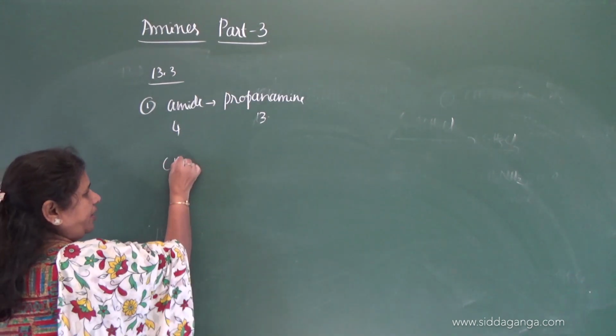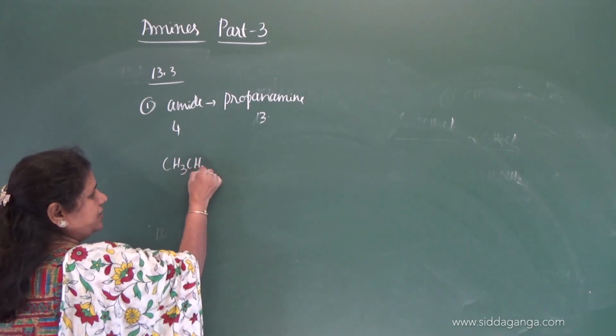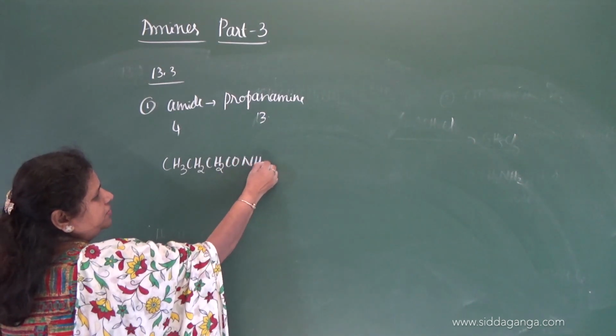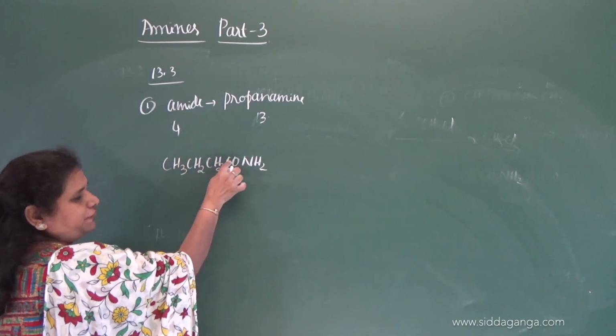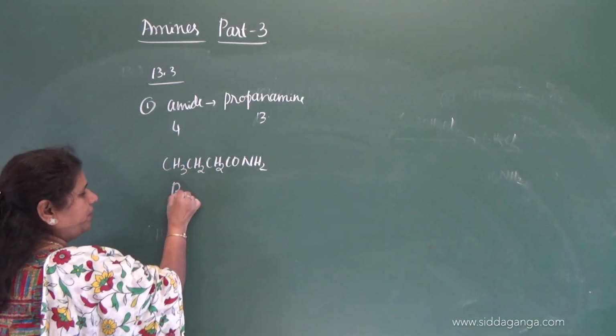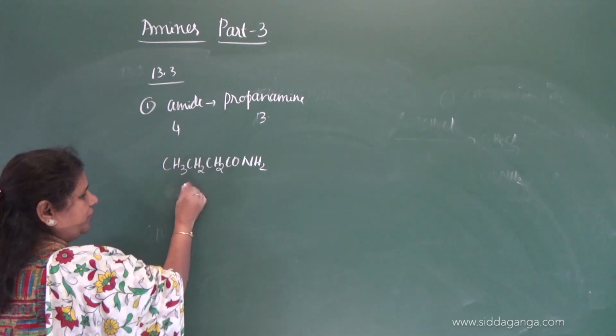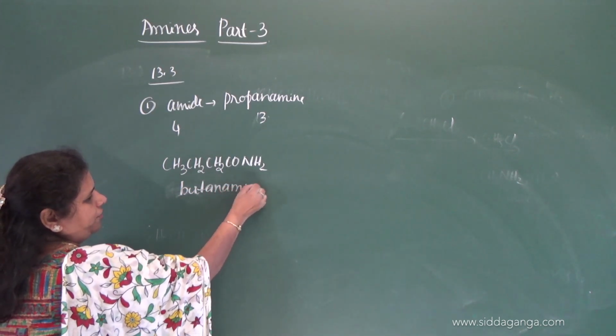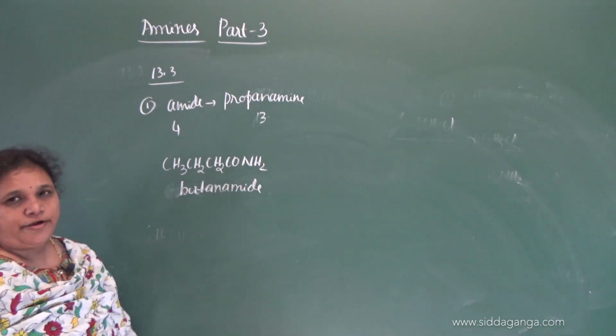So what is the structure? CH3CH2CH2CONH2, 1 2 3 4, including the carbon atom of the CO group. Then what is the IUPAC name? Butanamide. Butanamide is the IUPAC name.